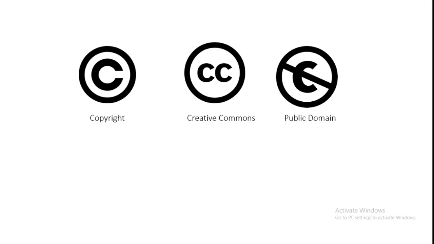While in Creative Commons, we need not take the permission of the author, but we have to attribute the author for his or her work. These three things are important to understand.